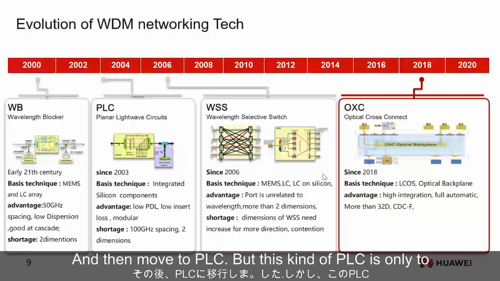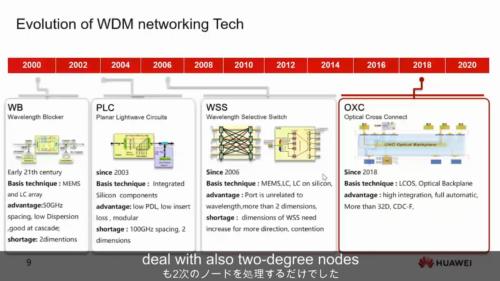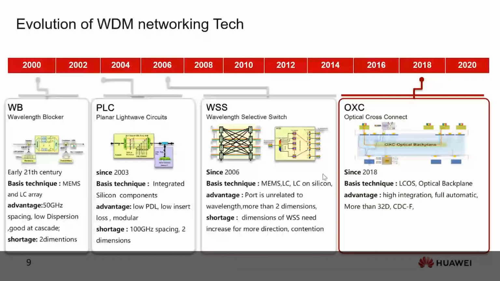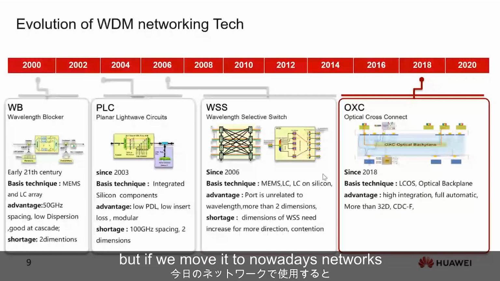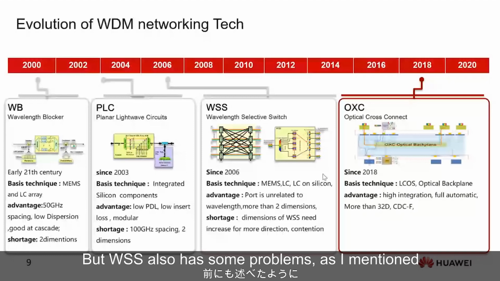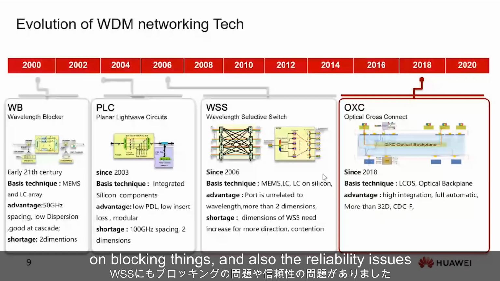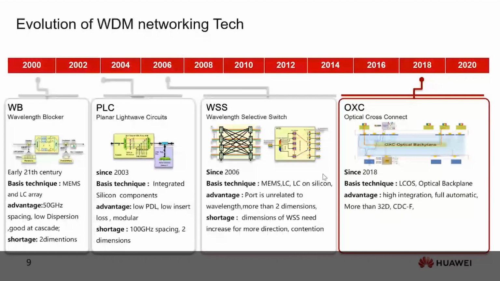But this kind of PLC also only deals with a 2 degree node. So 20 years ago, these modules could be very good, but in today's network they cannot satisfy the high degree. The WSS also has some problems with blocking, and also reliability issues. So we introduced the OXC.